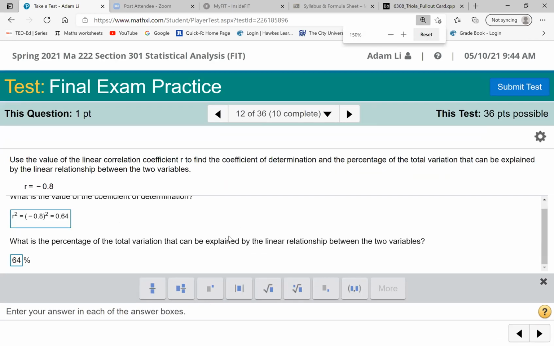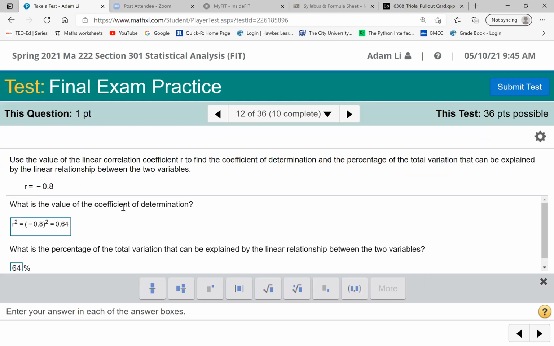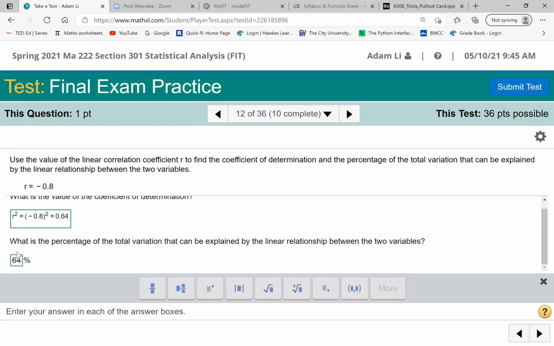So this is exactly the notion of the coefficient of determination. And basically it shows you how good your model is, right? How good is the regression model or regression equation? Here is a 64% effectiveness in terms of predicting the dependent variable y. Okay. So that's question 12.